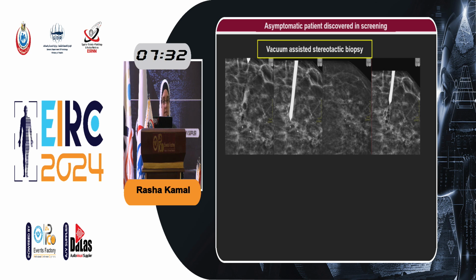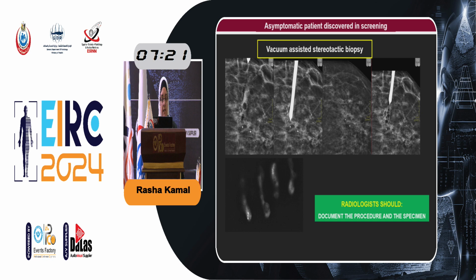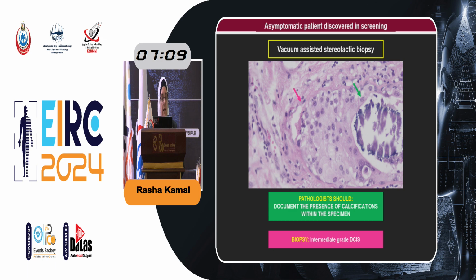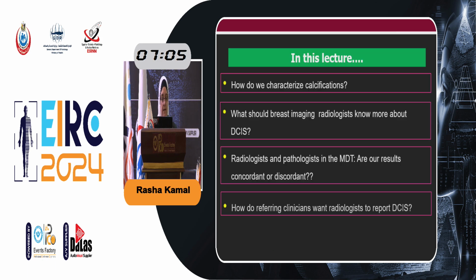A vacuum-assisted stereotactic biopsy was performed, and whenever we do a biopsy for microcalcification, we should image the specimen and make sure that the specimen contains these microcalcifications. Also, the pathologist should document in his report that there are calcifications within the specimen to ensure that we took the biopsy from the correct space. And the biopsy report came back with an intermediate grade DCIS.